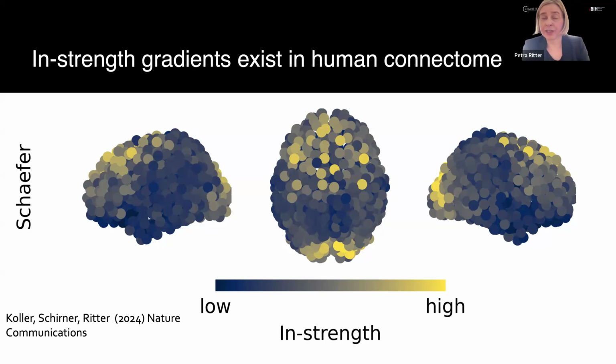And independent of which parcellation was chosen, the outcome was always the same, namely, indeed, there are in-strength gradients in the brain. Namely, in the orbitotemporal region, we have low in-strength, and in the frontal and occipital regions, we have higher in-strength. So there are gradients from temporal to frontal and to occipital.